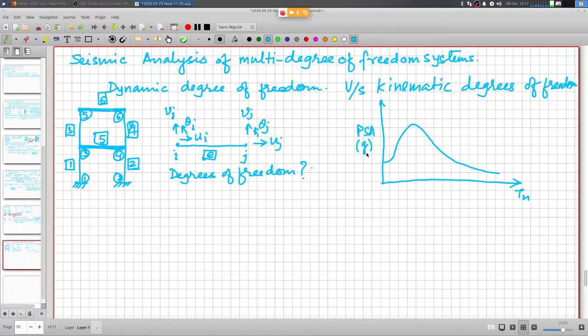So what do you do with this? Let's say this is for 5% damping.